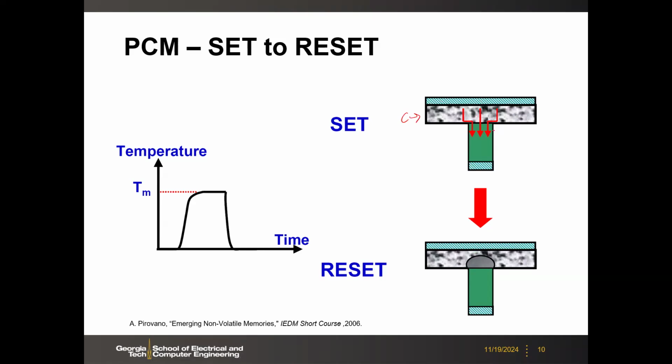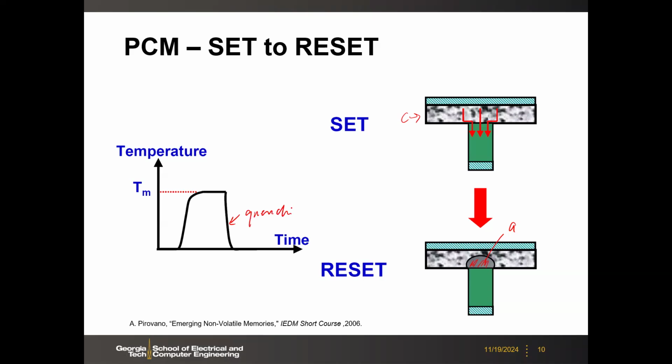Then we generate high temperature, and the temperature will locally melt this part. This part will become the amorphous state. The device will go through a temperature profile like this. Then you quickly remove the power supply, or remove your current. This is the quench process. You have to do this fast.